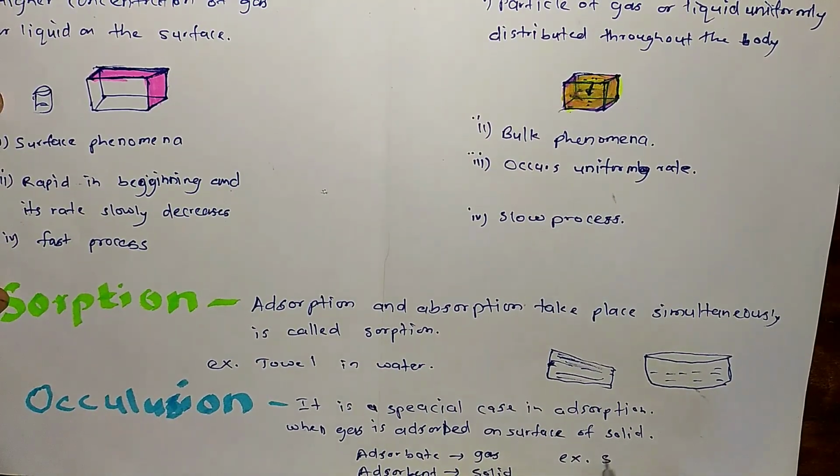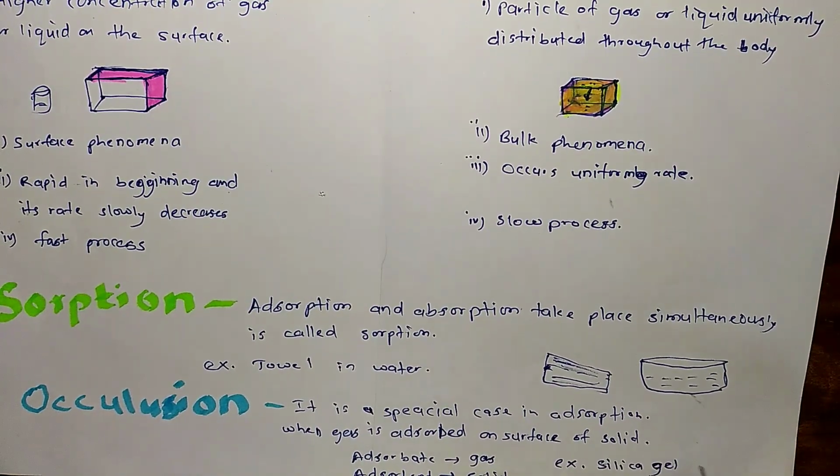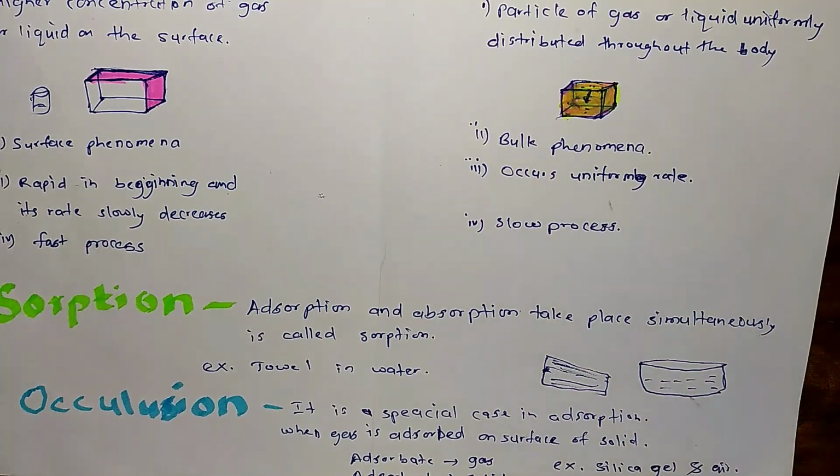When air comes around silica gel, the air becomes dry, because air is adsorbed on the surface of the silica gel.